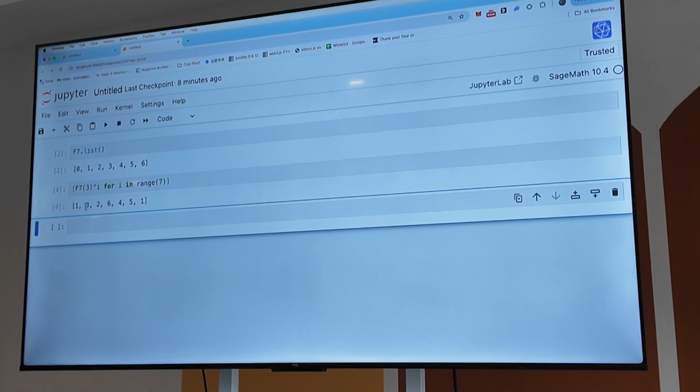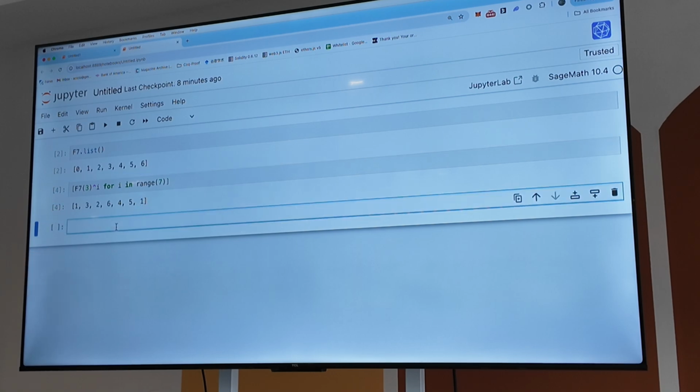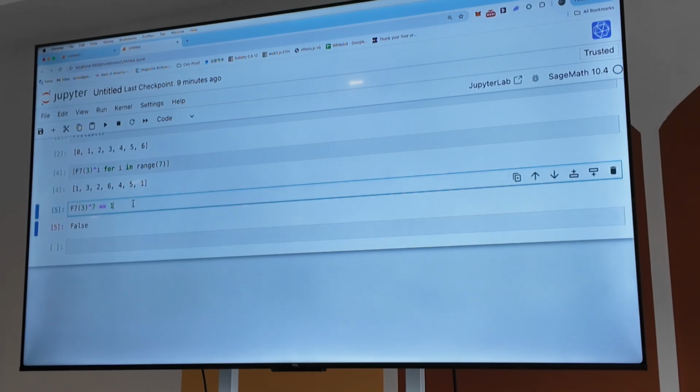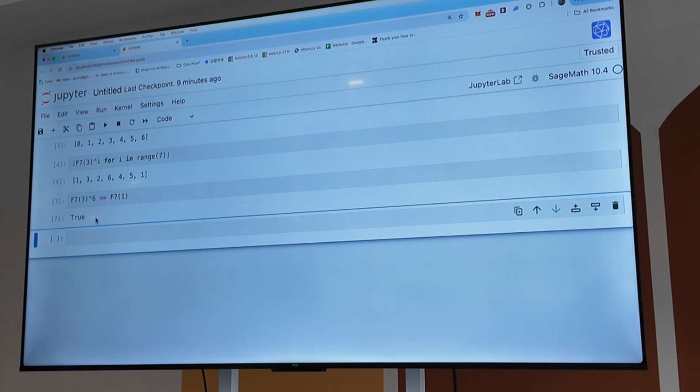1, 3, 2, 6, 4, 5, 1. And 1 again, why? Because 3 is a 6th root of unity, sorry, not seventh, 6th roots of unity.